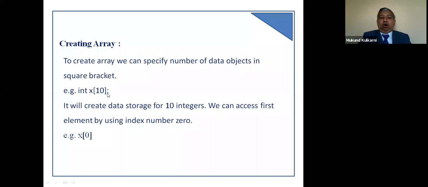All data objects inside array are of type integer. It will create storage for 10 integers, and we can access its first element by using index number 0. For example, x in square bracket 0. The last number in array will be x in square bracket 9.